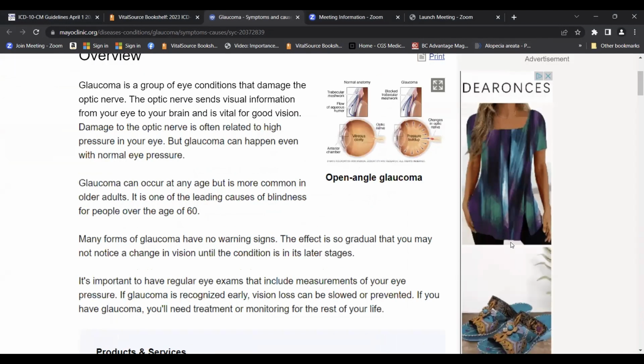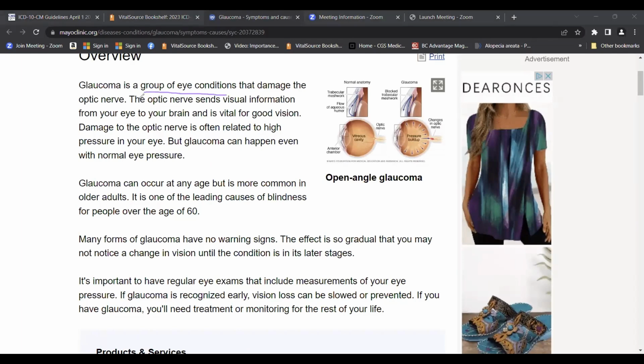And glaucoma, notice, is a group, right, of eye conditions that damage the optic nerve. Your optic nerve is what sends visual information from your eye to your brain, and it is vital for good vision.